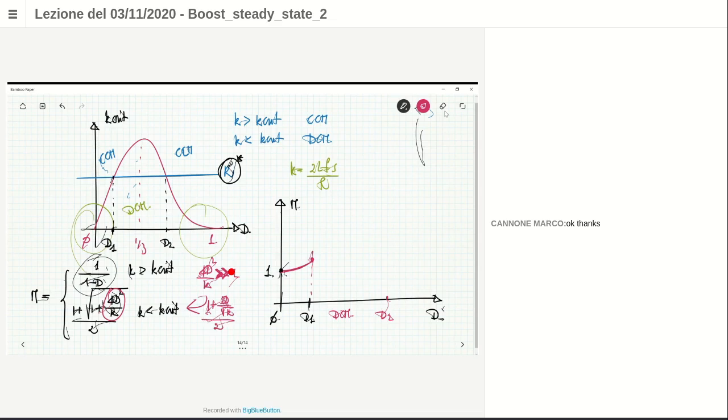And as you can see here, this expression is linear in the duty cycle D. So suppose that you have this condition, then you have a linear variation. And then when you operate again in CCM for D2, then you have again a variation.